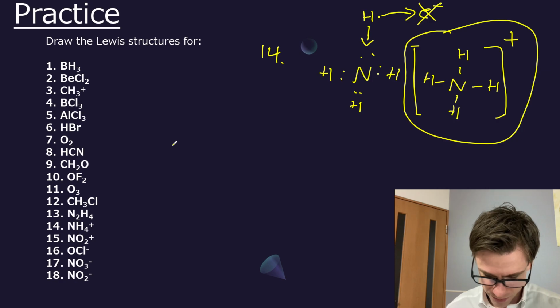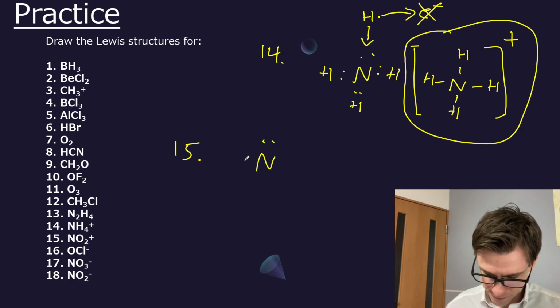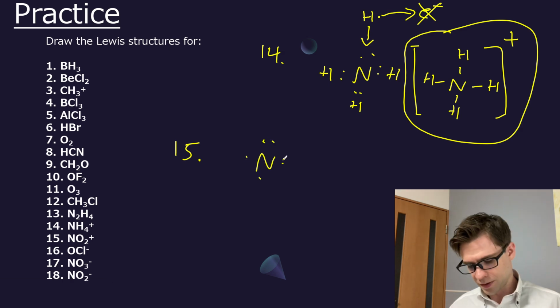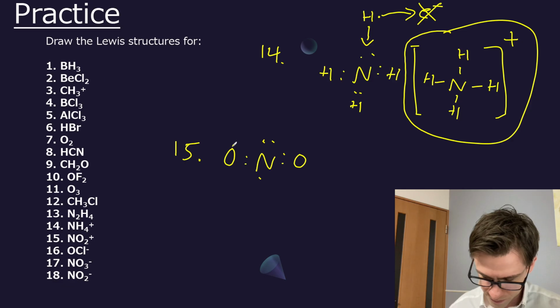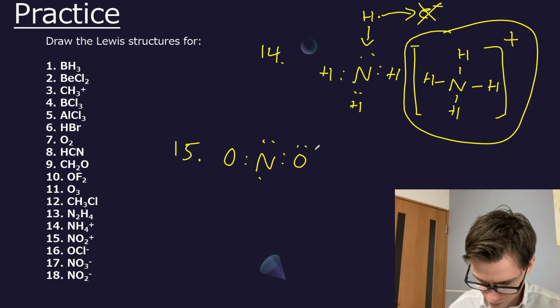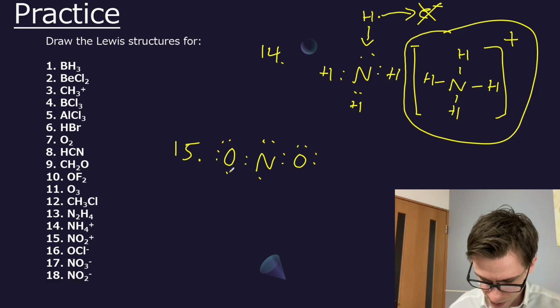Okay, number 15 next, NO2 plus. So N looks like this. We'll have maybe an oxygen on each side come in. Two lone pairs, 1 unpaired.